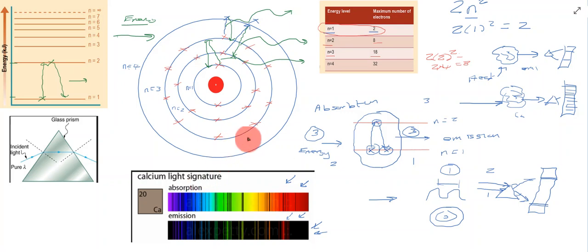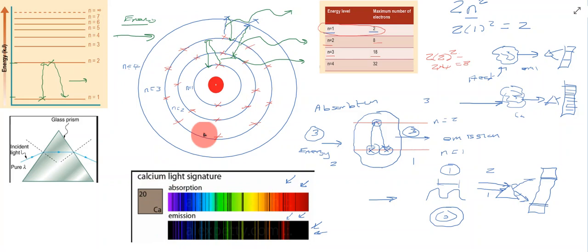So that's how, if you take this same principle and apply it to more complicated atoms, Bohr's theory would explain why we get line spectra when we create the conditions for a line spectrum for more complicated atoms such as calcium as well. So hopefully that makes sense.